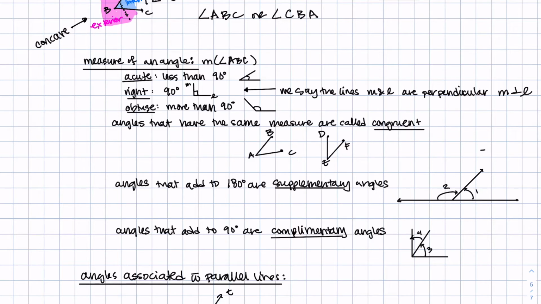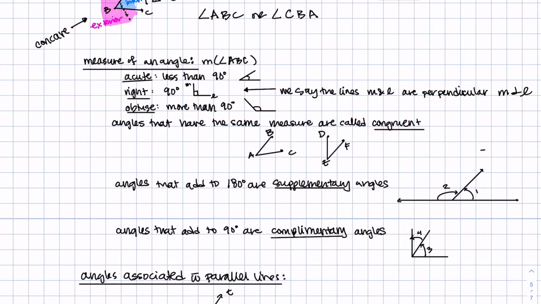M is perpendicular to L. So we draw this little image of two perpendicular lines. This reads like M is perpendicular to L. And an angle is obtuse if it is more than 90 degrees. So meaning it's open wider than the 90-degree angle.